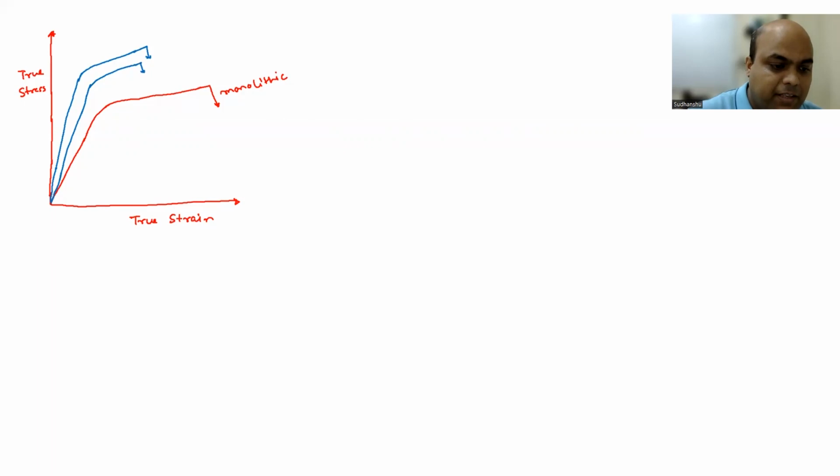Now if I have, say, 25 micron or 30 micron, you're going to observe a different trend. Now it depends upon the processing condition. What I'm drawing here is for extruded one. So we have extruded composite. Okay. So this is, say, 25 micron. And this is 5 micron and then 10 micron.